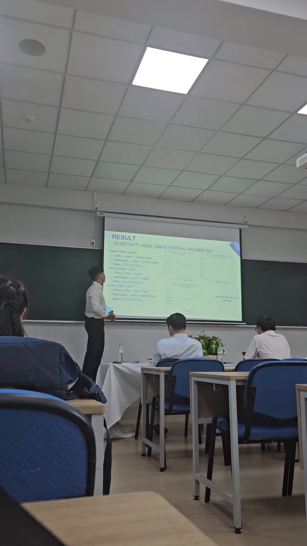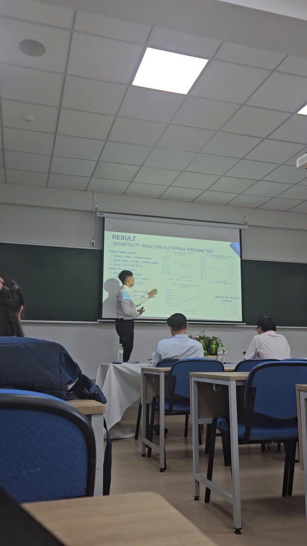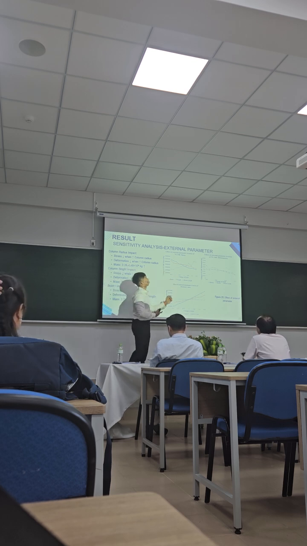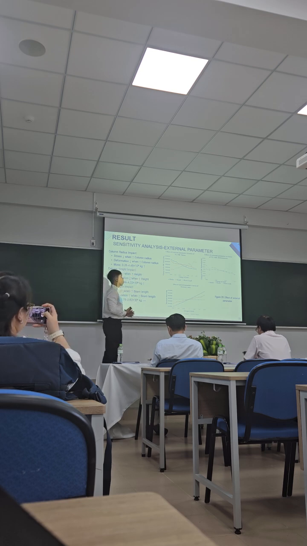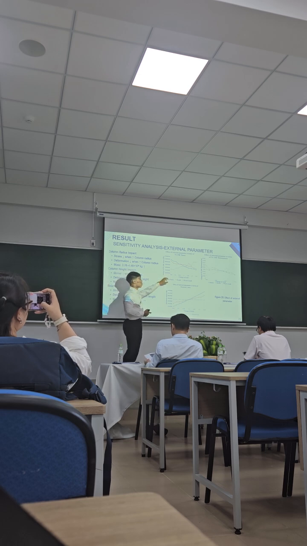For the sensitivity analysis, the purpose is to understand the effect of the parameters on the model behavior. You can see that the radius and column height have negative sensitivity in terms of connection stress and deformation. This means that if we increase the column radius or height, the stress and deformation at that connection will decrease. In contrast, the beam length has a positive sensitivity.